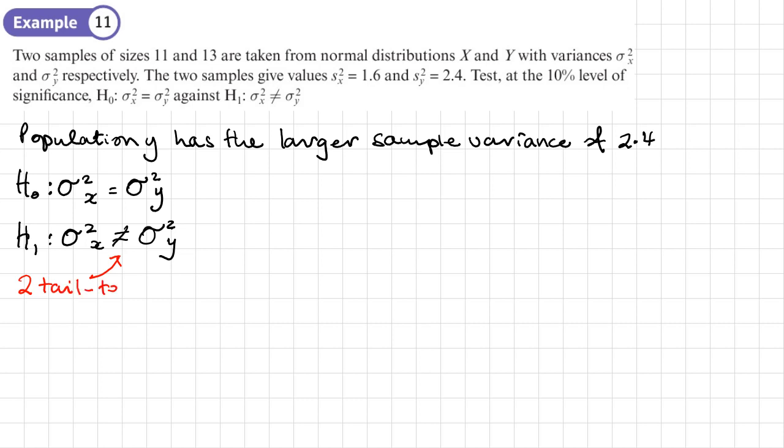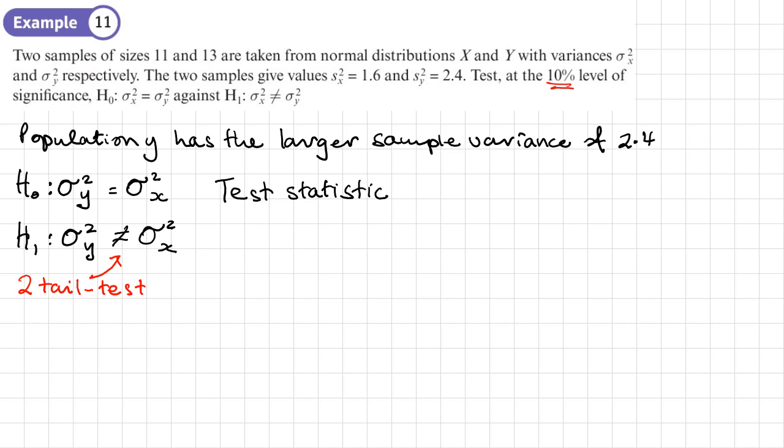So we're going to be splitting the significance level of that 10% into 2 5s. Now, to be consistent with what I've said before, the larger variance I'm going to do first and have Y and X. Okay, doesn't make any difference. These are still exactly the same hypotheses as these.